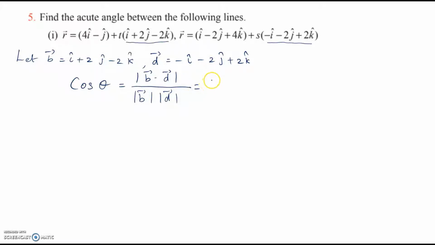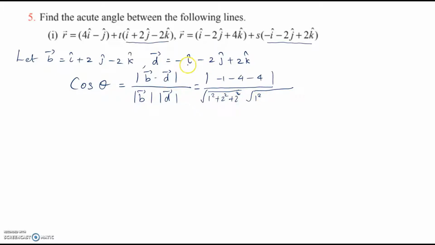So that's equal to, the numerator will be the magnitude of 1 times minus 1, which is minus 1, 2 times minus 2 is minus 4, minus 2 times plus 2 will be minus 4 again, divided by square root of 1 squared plus 2 squared plus 2 squared times square root of 1 squared.